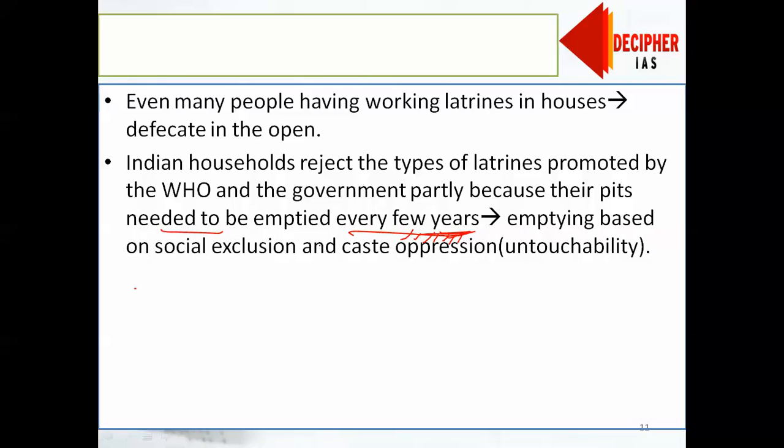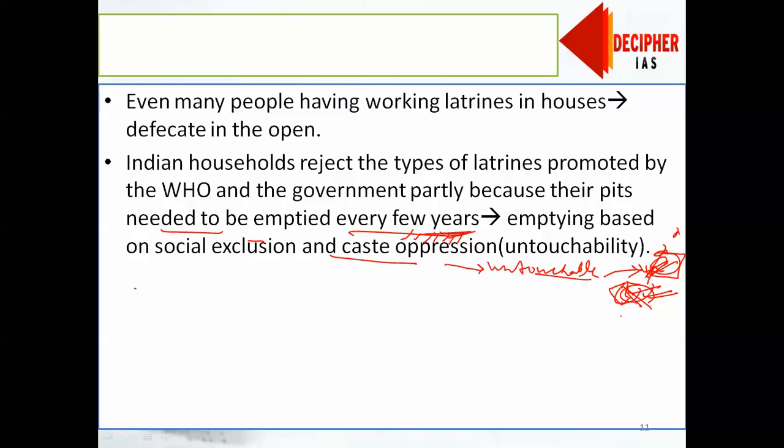But in India, to oppress the lower caste, the untouchables, what they do is that every day the higher caste defecates in the open, so that the lower caste is made to carry the feces from one place and dump it in some other place.